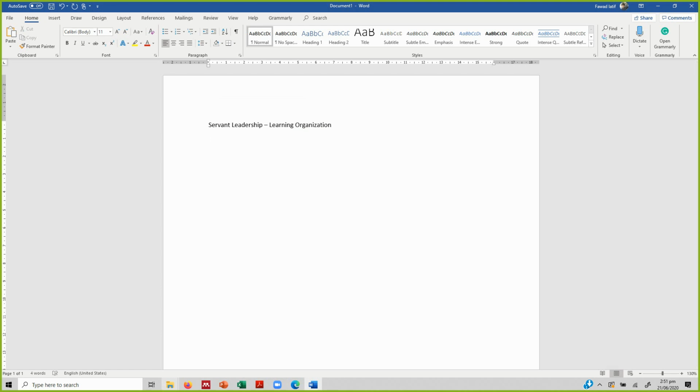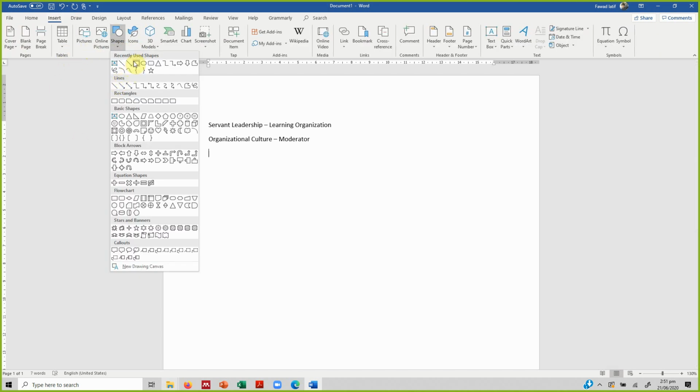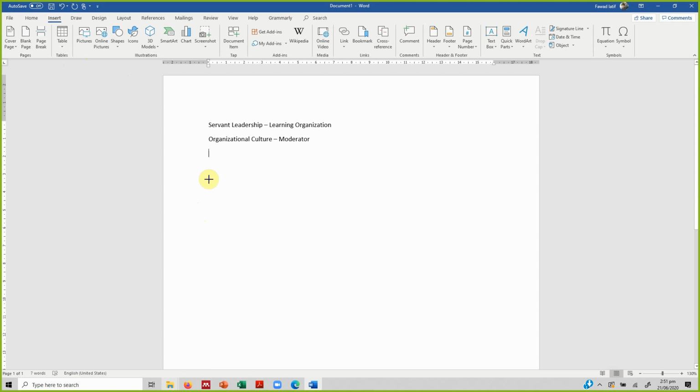This study has recommended organizational culture as a moderator. Now, what we could simply do is, let's say, we can make a model out of this.